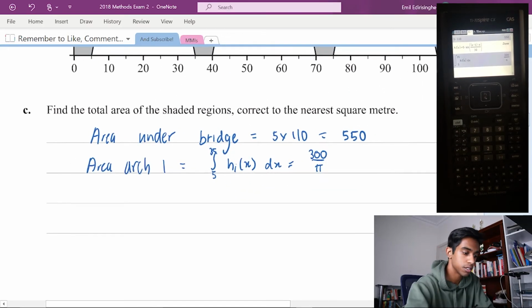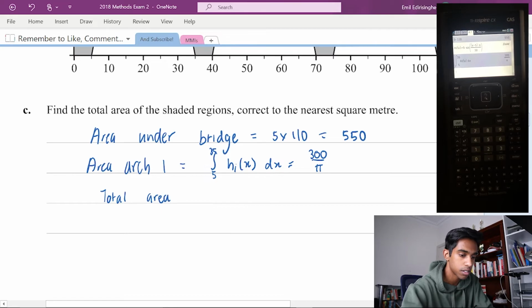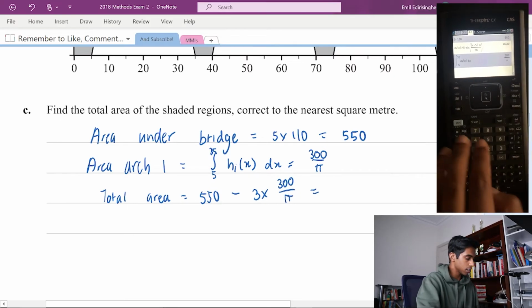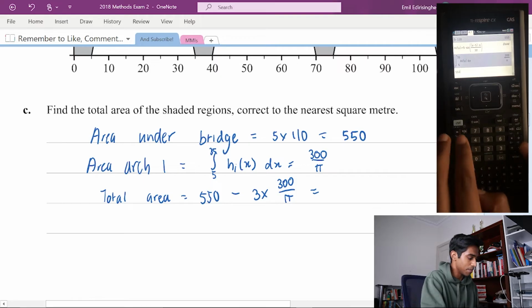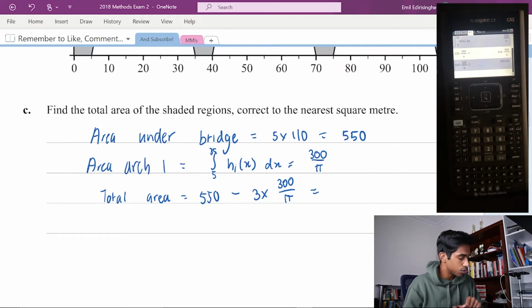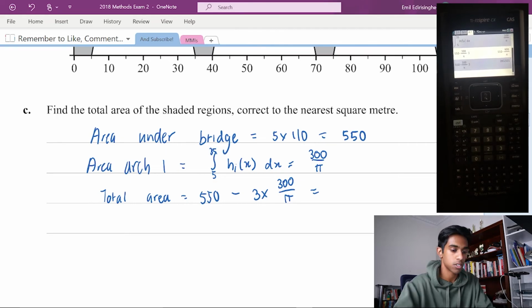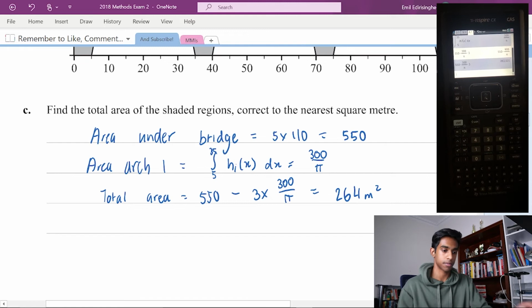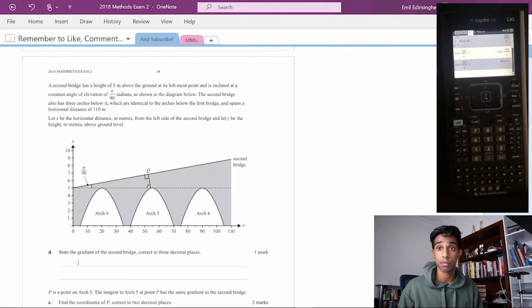Therefore, total area equals 550 minus 3 times 300 on pi, and we have to find it to the nearest square meter, so do that, 263.5, so 264 meters squared.